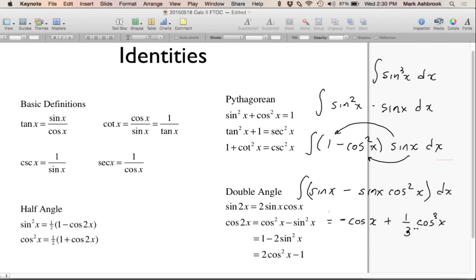This is our derivative. 3 times 1/3 cosine squared times negative sine, right? And is that what we have there? Yep, negative sine x cosine squared x. Got it, check. So we can do plus c here, and we're done.